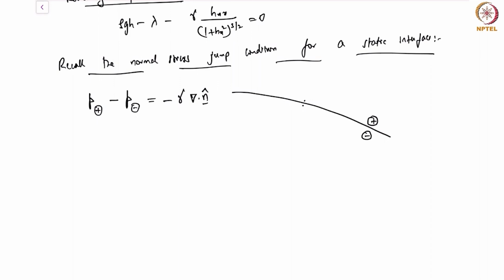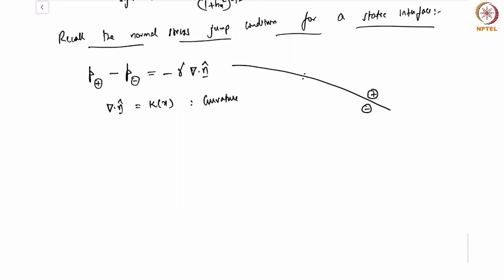Now this quantity del dot n is also the curvature. Okay, now we had calculated the value of this quantity del dot n. We have calculated this in previous lectures in this expression of variational calculus that we're doing.